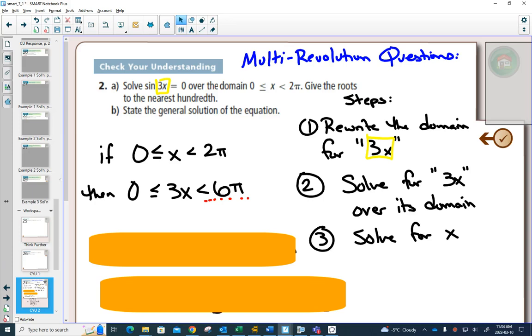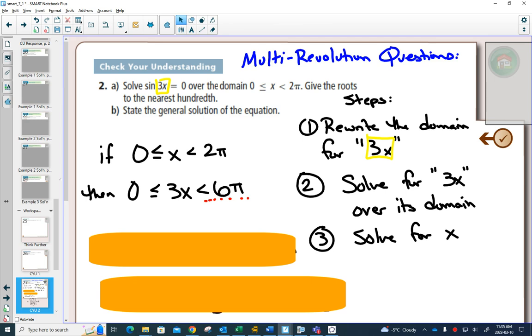And what that means on your unit circle is if you go from 0 to 6 pi, that's once around the circle, twice around the circle, 3 times around the circle. So we're now going 3 times around the circle for 3x. And since we're going multiple times around the circle, this is why I call these multi-revolution questions, because we're going around the circle more than once.